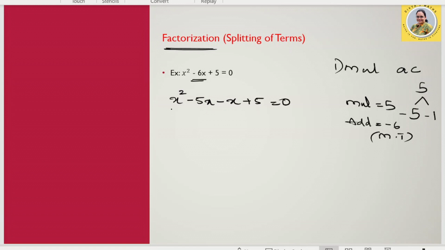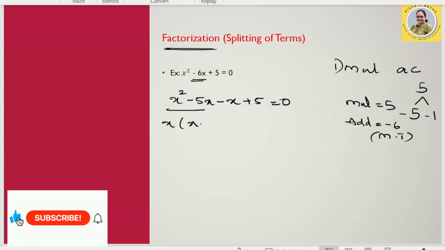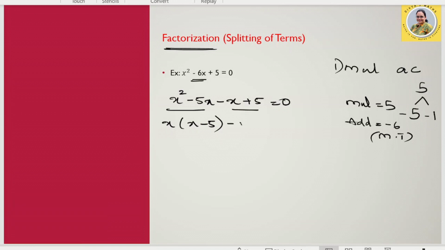Now from the first two terms, if I take x common, you will have x minus 5. And from the next two terms, if I take minus 1 common, you will have x minus 5 is equal to 0. So x minus 5 is common, and x minus 1 is remaining, is equal to 0.